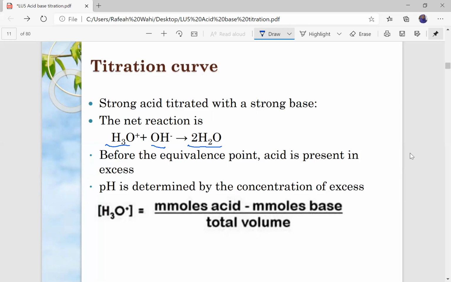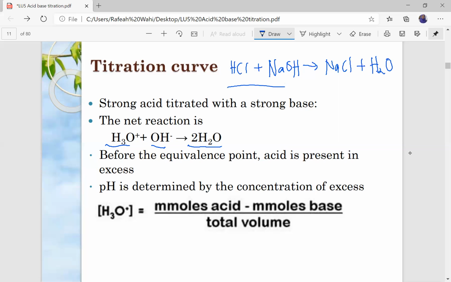Or, in detail, let's say we have a titration between HCl, which is a strong acid, and a strong base, sodium hydroxide. It will yield salt, which is NaCl, and water, which is H2O.